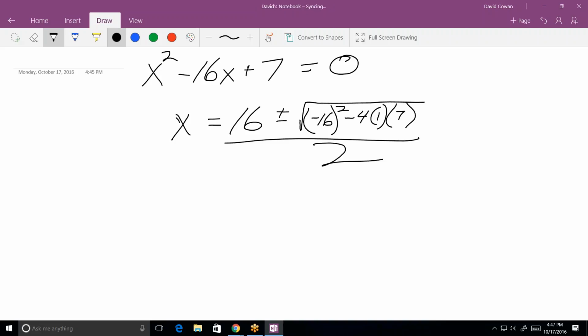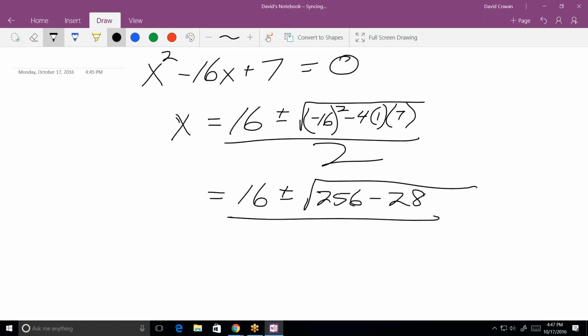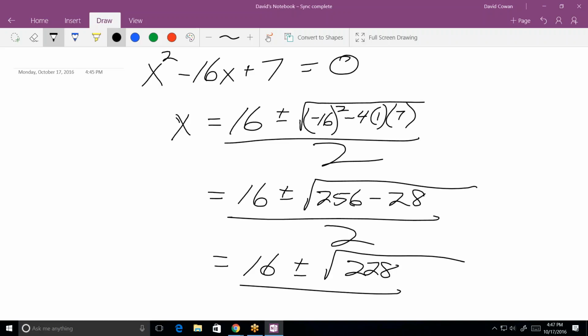Okay, now we can simplify that a little bit. That's 256, I believe, minus 28. 16 plus or minus the square root of 228, all over 2.